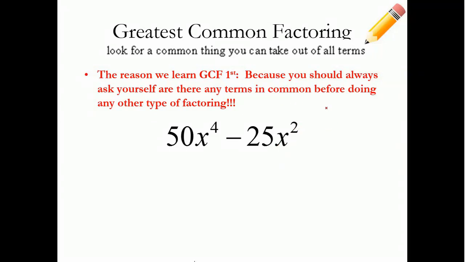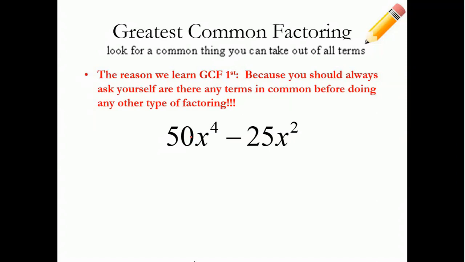Now, it's two terms, right? There's two pieces to this puzzle. So either I know that I can have a difference of two squares or just a GCF. Well, notice 25 is not a perfect square, or 50 is not a perfect square. So I can't use difference of perfect squares on this problem.